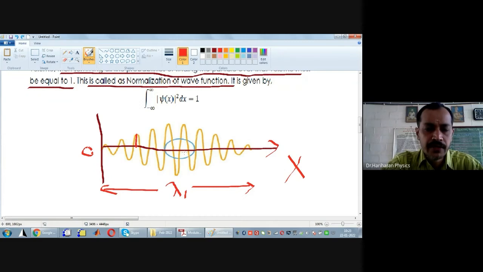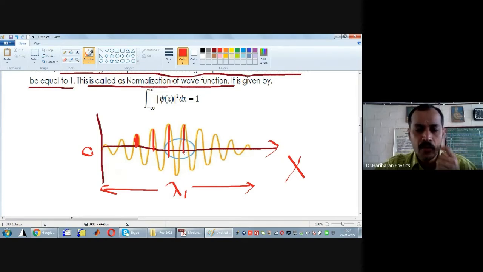In this region there may be some 15% chance of finding an electron, in this region some 20% chance, and in this region some 25 or 45% chance, because the amplitude is increasing.